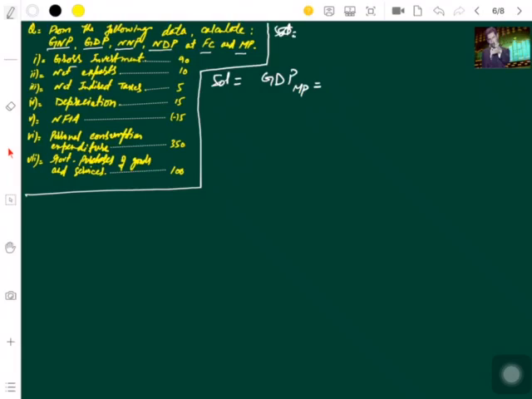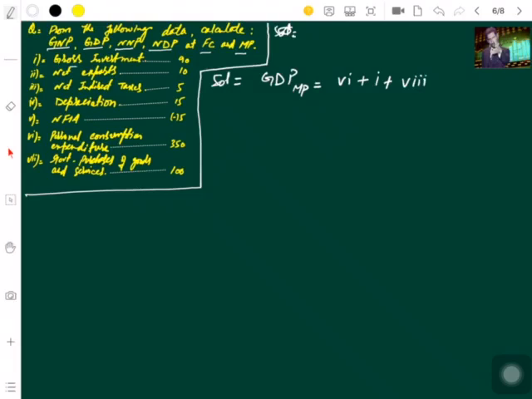So our GDP at MP will be equal to our personal consumption expenditure or private consumption expenditure, it is one and the same thing, that is your sixth, plus your gross investment, that is your first, plus your government purchases of goods and services, that is your PI.